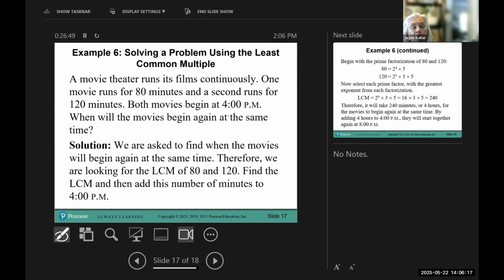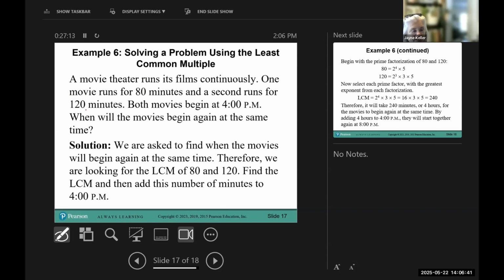If they start at 4, in 80 minutes it would be 5:20 p.m. So this one would be getting ready to go again, but the other would still be running its first run. So all we have to do is find the least common multiple of 80 and 120, and that will tell us when they're going to run again.